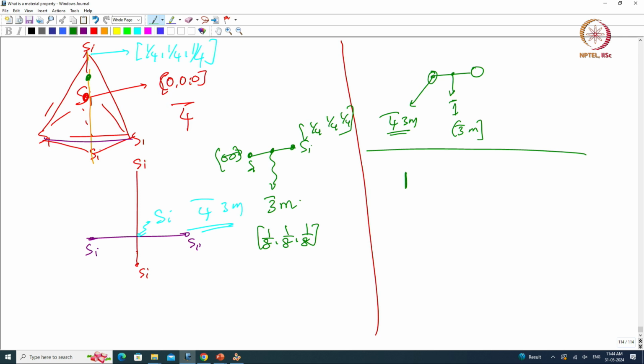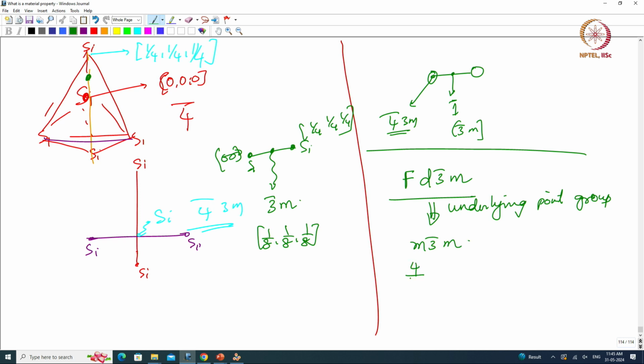The space group of silicon we said is F d 3 bar m, so the underlying point group is m 3 bar m. Now m means I have 4/m, 3 bar, 2/m.